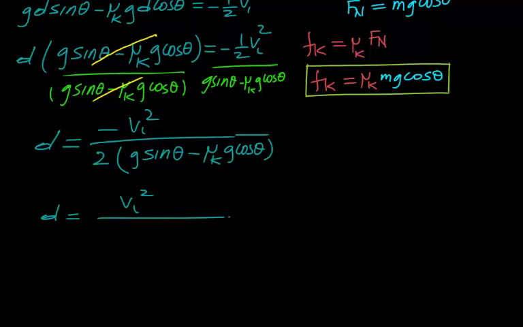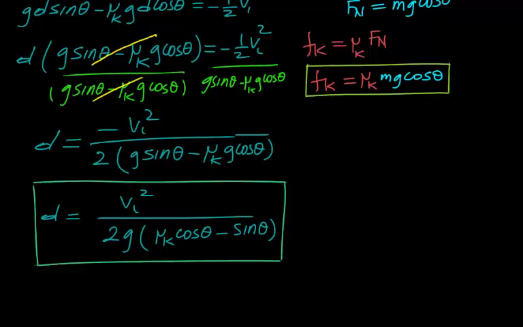Factorize the g from the bottom, it becomes 2g, and since we multiplied by negative, they get reversed: mu k times cosine theta minus the sine theta. Nice looking. Solving for d, we get 13.5 meters.